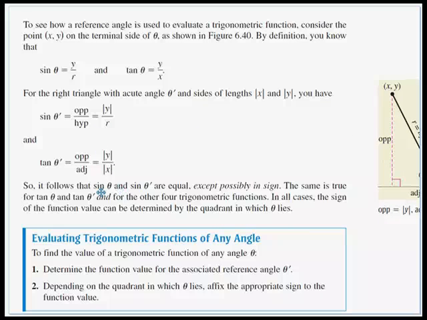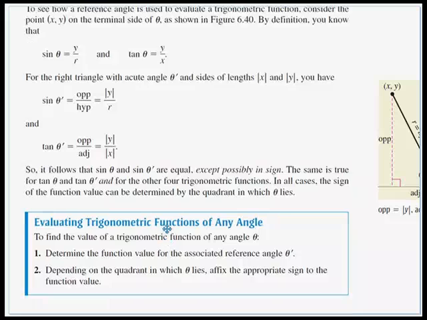Well, it follows that the sine of the angle and the sine of the reference angle are exactly the same, except maybe the signs are different. One's positive, one's negative. The same is true for the tangent of the angle and the tangent of the reference angle, and for all the other trig functions. In all cases, the sign of the function value can be determined just by what quadrant theta lies in.